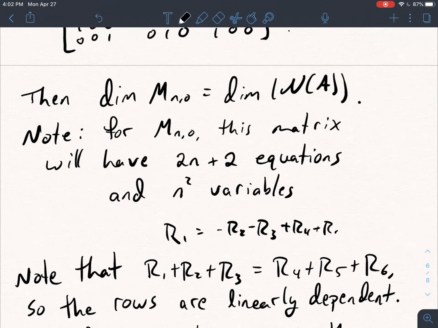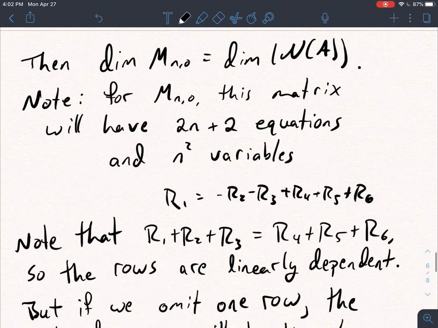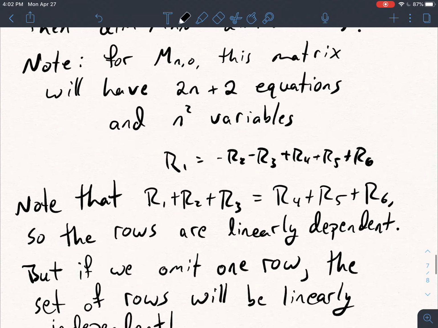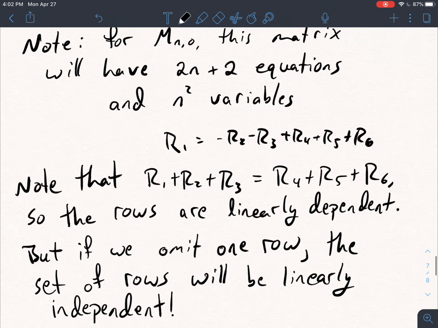In other words, the rows are linearly dependent. You could even write row 1 as equal to, if you wanted a strict linear combination of the other ones, you could subtract rows 2 and row 3 over. And this is a linear dependency. So the rows are linearly dependent. But as it turns out, if we omit one row, just throw out one of them, the set of rows will be linearly independent.